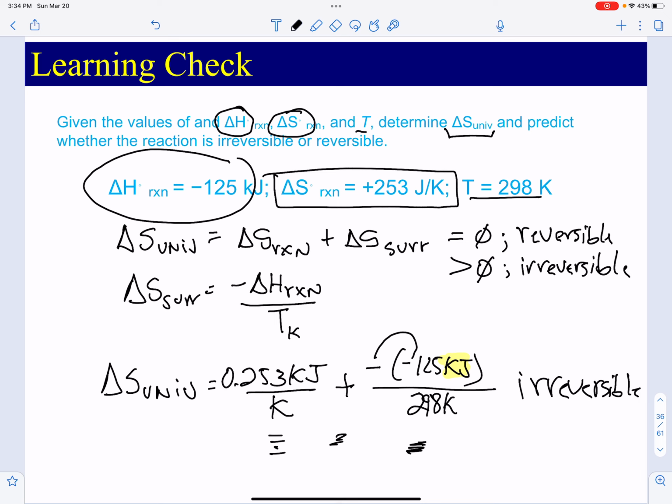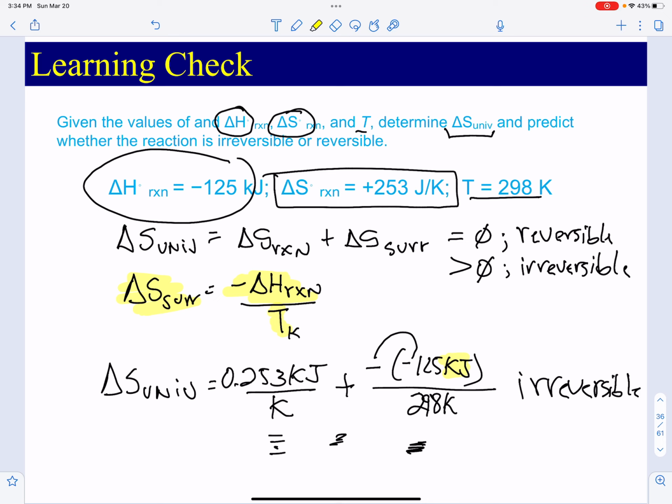So once more, important to remember, entropy of the surrounding can be found using the enthalpy and the temperature. The entropy of the universe tells us if a reaction is spontaneous or not. If it's equal to 0 or bigger than 0, then it's spontaneous. And if it's equal to 0, it's going to be reversible.